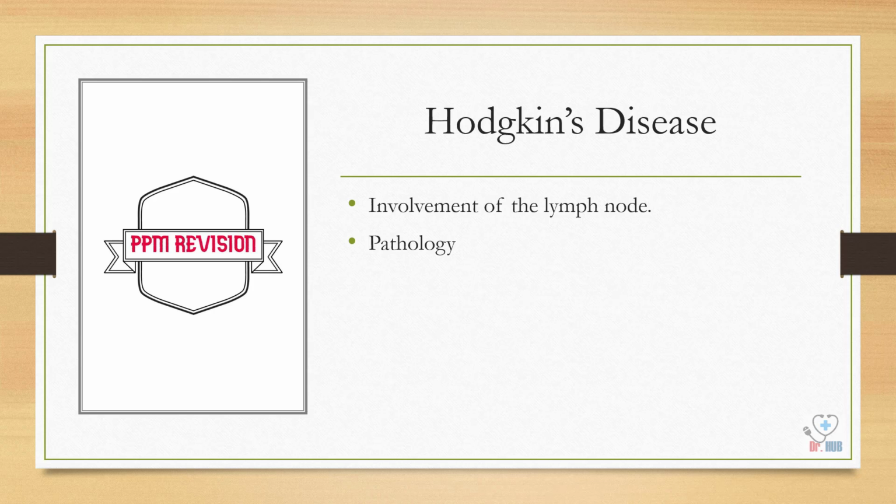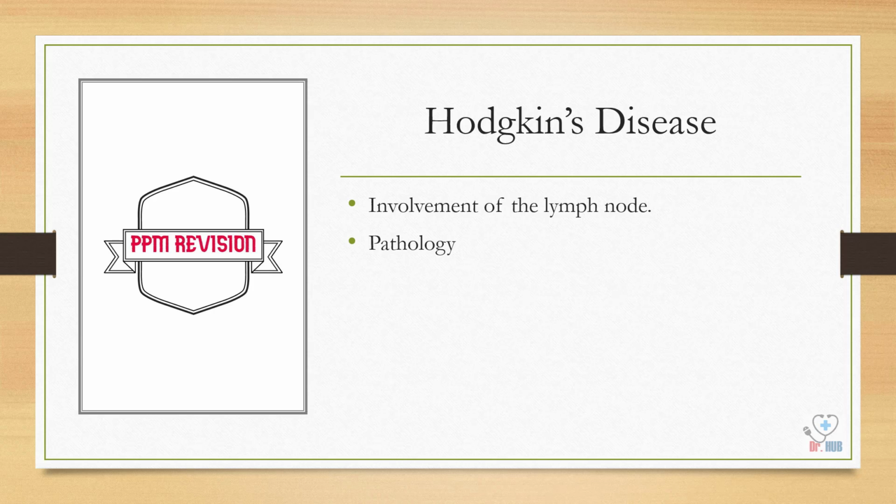Talking about the classification, this is also an important aspect of Hodgkin's disease. There is the Ann Arbor classification, and there are a few keywords which need to be known.